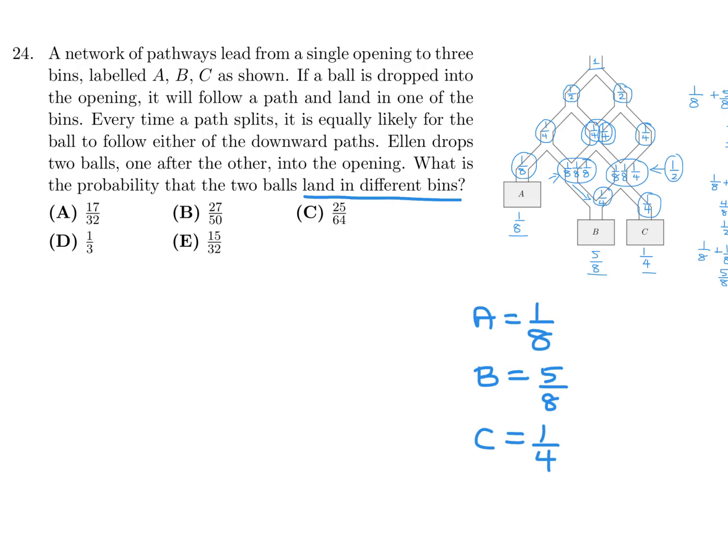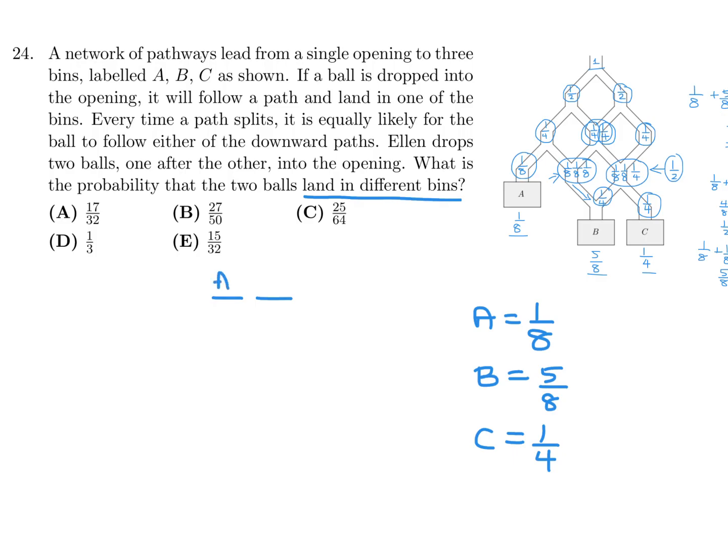So, different bins. So, different bins could be like, well, we have two bins, right? If you have two balls, they have two possible places to go. And we have to figure out how many different possibilities there are.